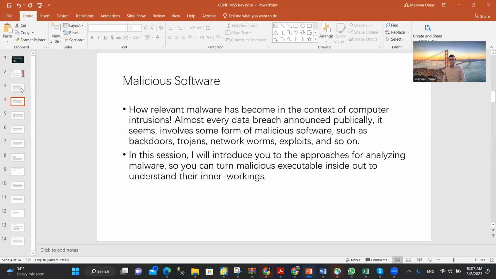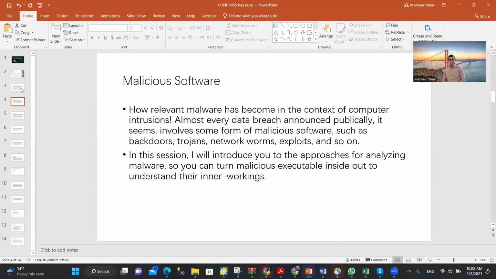Almost every data breach or cyber attack announced publicly, it seems that it will involve some form of malicious software, such as backdoors, trojans, network worms, exploitation kits, malware, and so on.